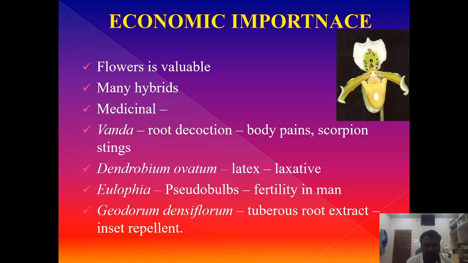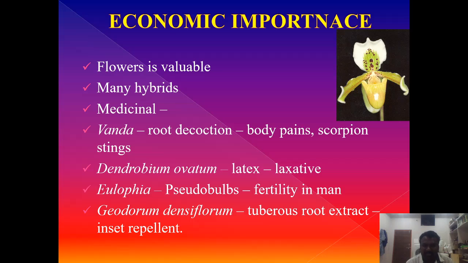The economic importance: the flowers are valuable for ornamental purposes. There are so many hybrids present in this family. The root decoction of Vanda is used to cure body pains and scorpion stings. The latex of Dendrobium ovatum is used as a laxative. The pseudobulbs of Eulophia improve fertility in human beings.